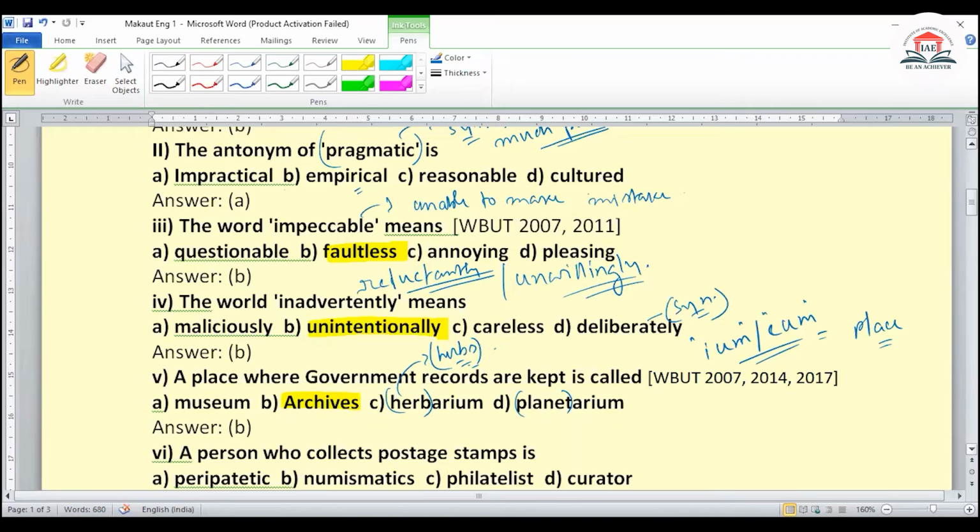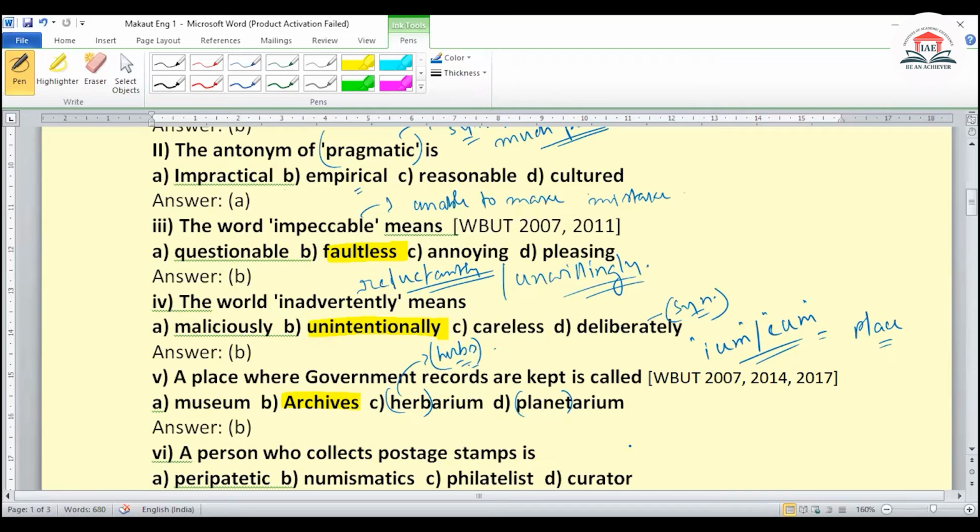So the person is called curator. Now in modern language, in cricket, we see pitch curator. The person who is expert and very skilled regarding the soil character of pitch, and he's in the charge of making pitch, right? Now numismatics, a person who collects coin, fine.